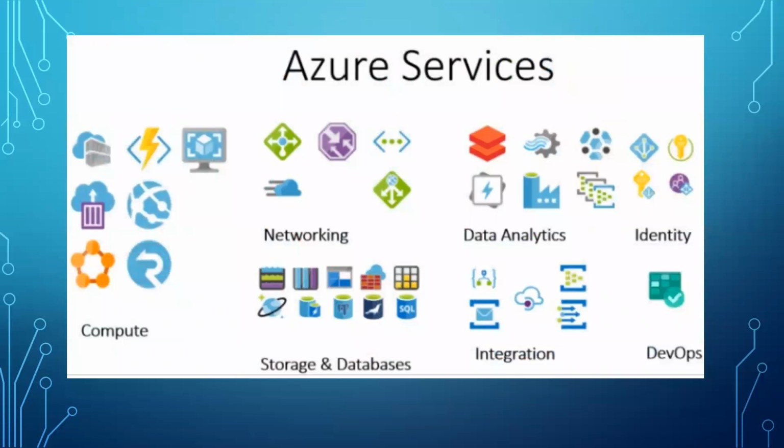The next one is Microsoft Azure. Azure gives services on compute to work on the services, storage in database to store the data, and networking to provide networks to big companies for their work, and other things.